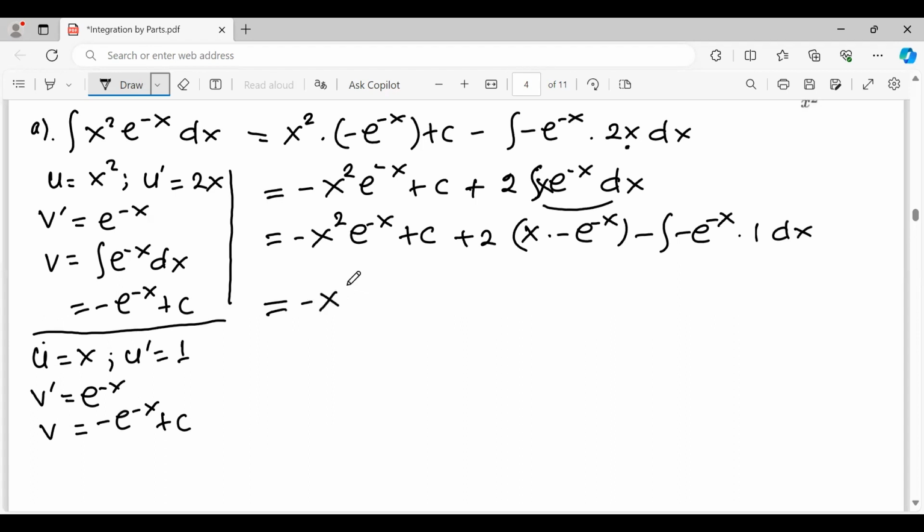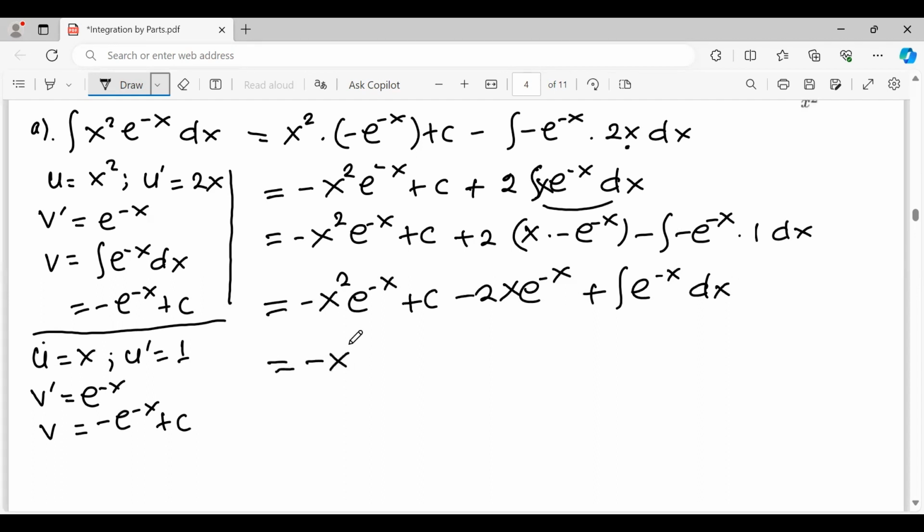Minus x squared e power minus x plus c, minus 2x e power minus x becomes plus e power minus x dx.